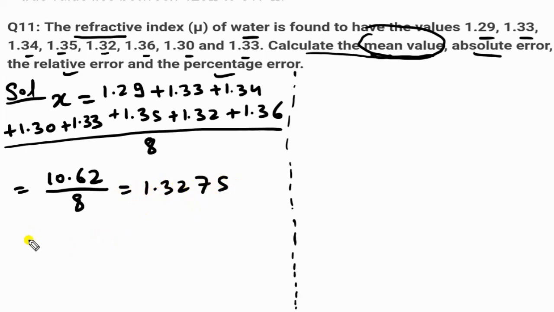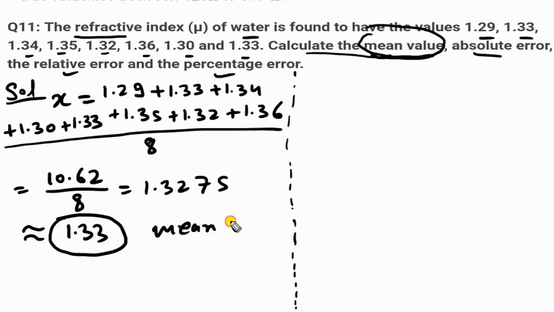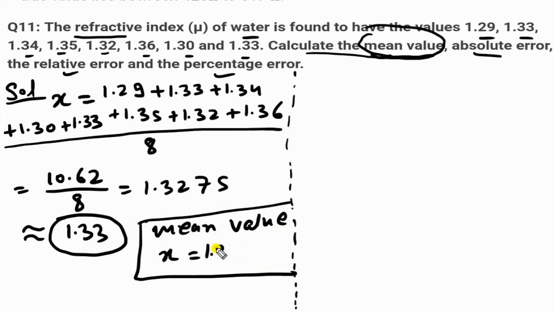Rounding it to 3 significant figures, we get 1.33. Remember, while doing all these calculations, we are following the rules of significant figures for multiplication and addition. If you do not know about it, you can watch my previous videos. So this is our first answer: the mean value x is 1.33.